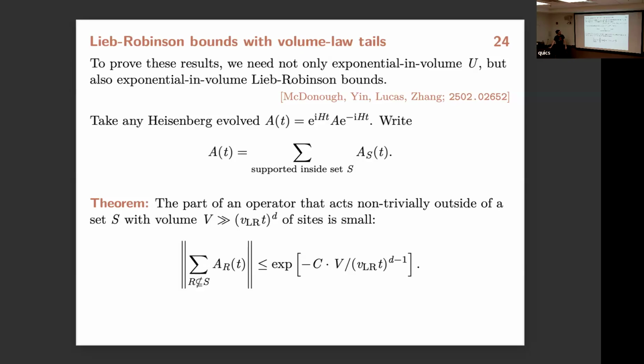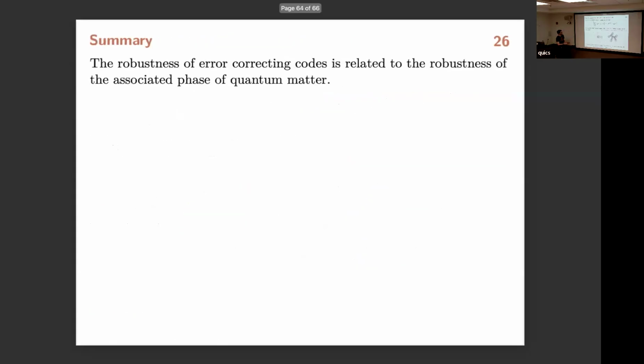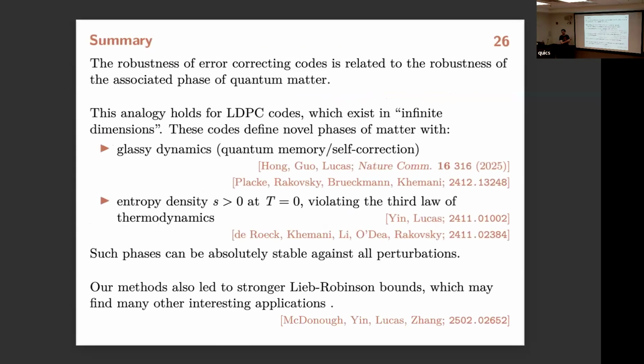There are some recent results on quantum bottleneck theorems that suggest that maybe even the Gibbs states of some of these LDPC codes are very robust. And this would be related to this story about quantum memory in these codes, but we don't have a statement like the finite temperature Gibbs state is stable. That's an open problem.